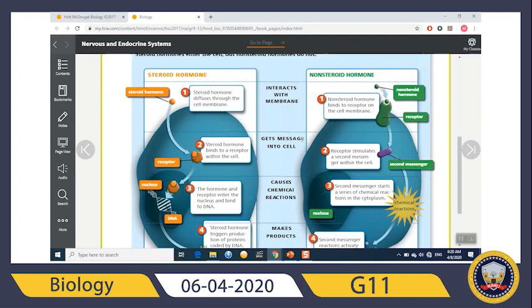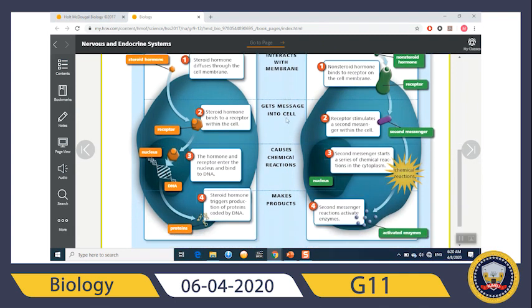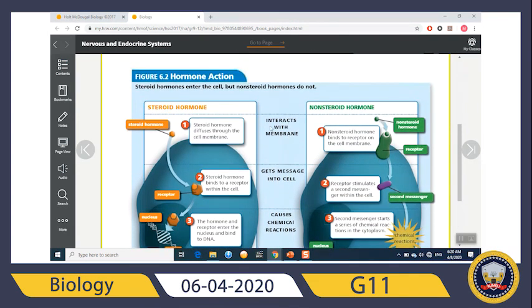So, how do the hormones in general interact with the membrane? The steroid hormone diffuses into the cell, while the non-steroid hormone binds to a receptor outside the cell.